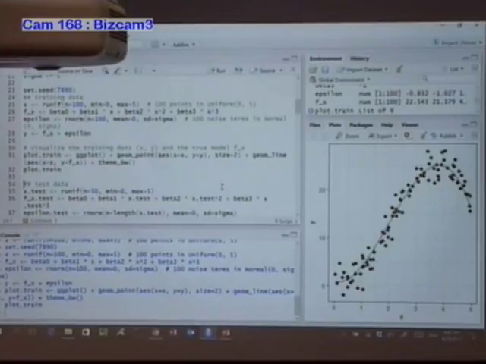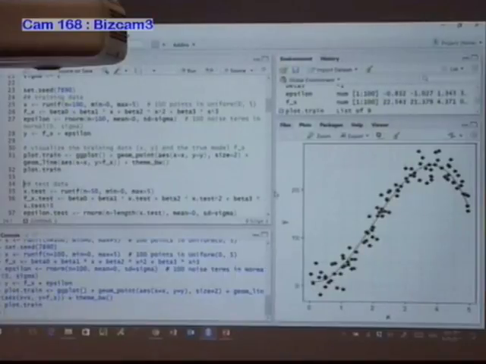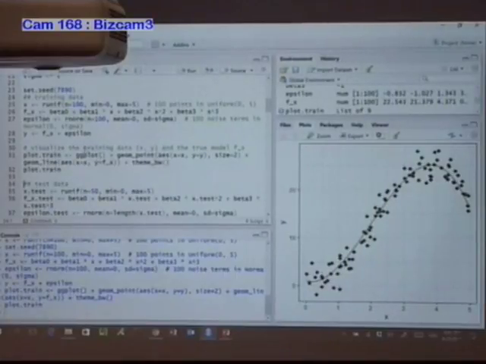No? The red and the green in the population. Okay, so learn from each other. This is important. But anyway, ggplot has a layer concept. There are many layers of things you can plot one by one, and you can add them together.